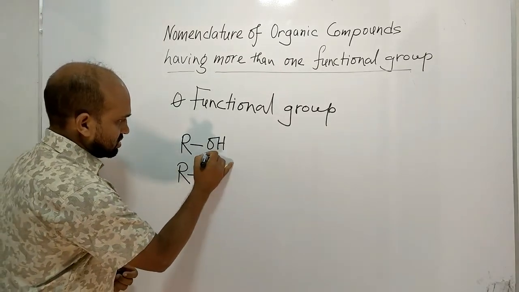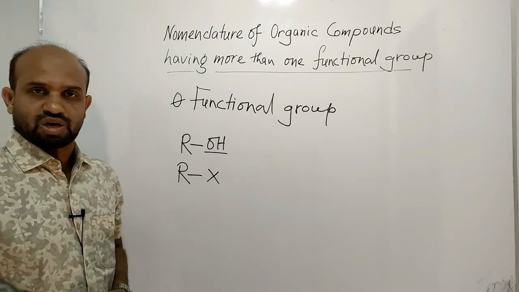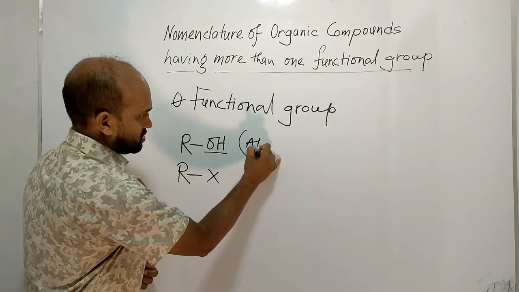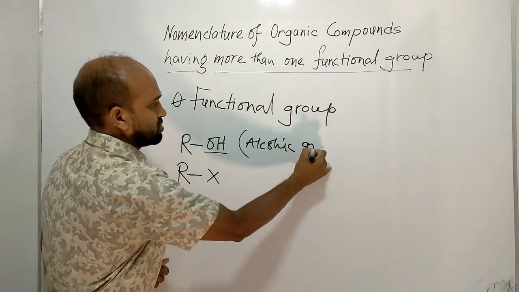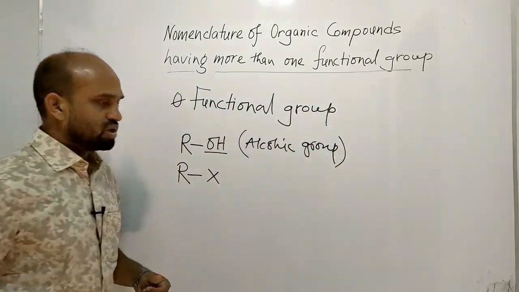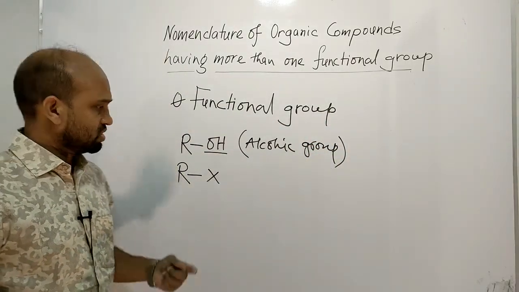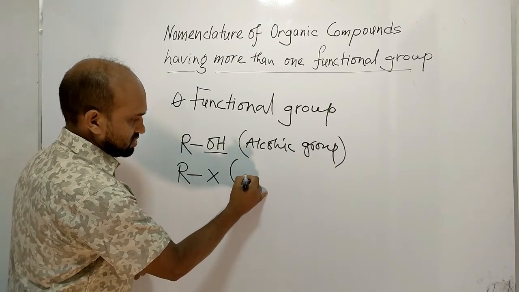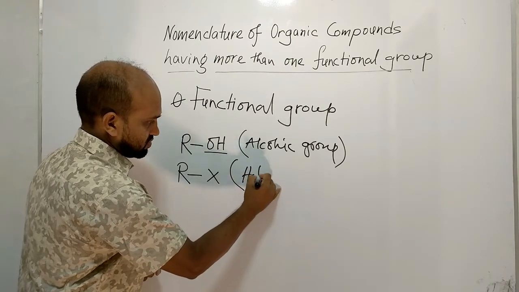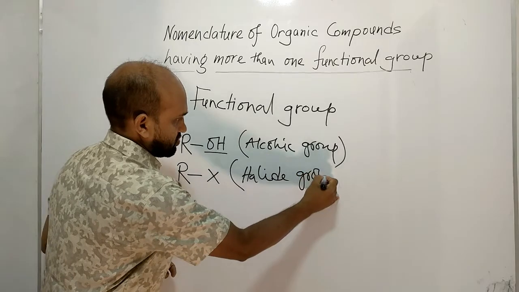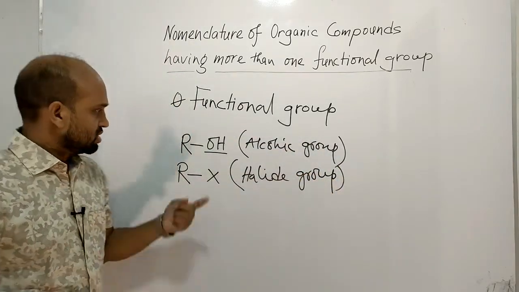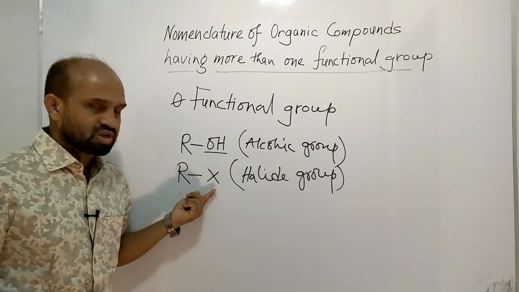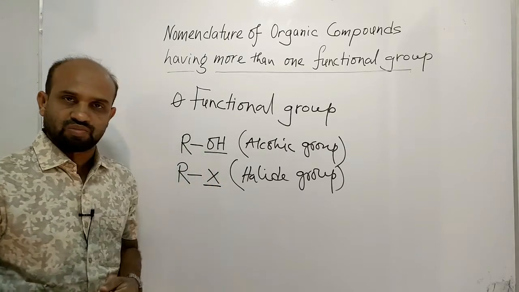Here, this is the functional group of alcohol, that is alcoholic group or hydroxyl group, and this is alkyl halide. Here, functional group is halide group. Here, functional group is group of atoms, but here functional group is only one atom.